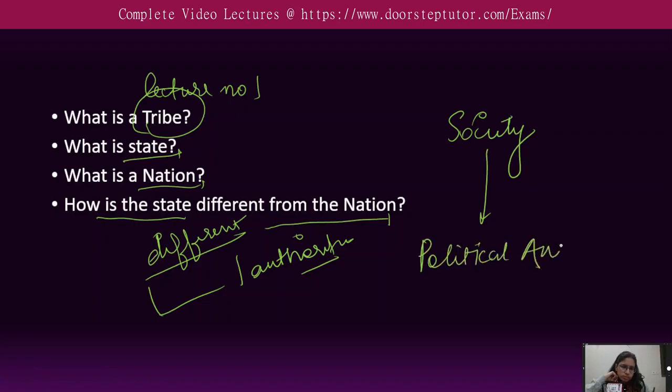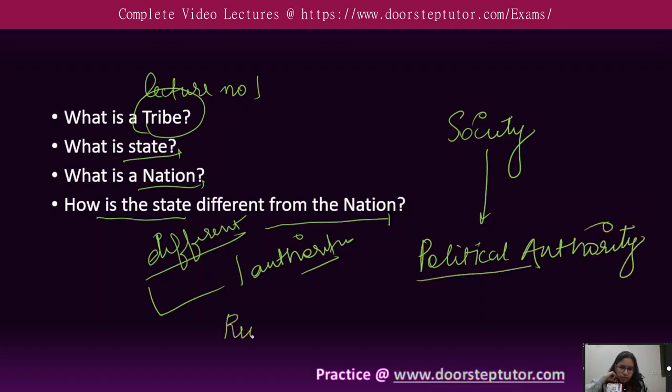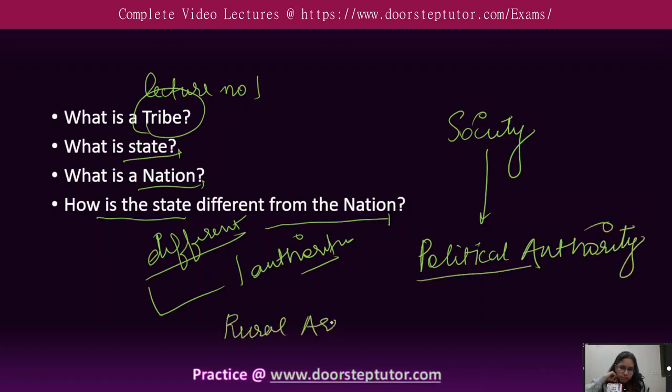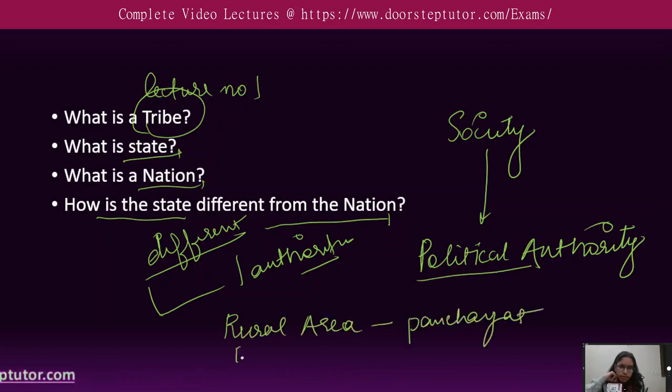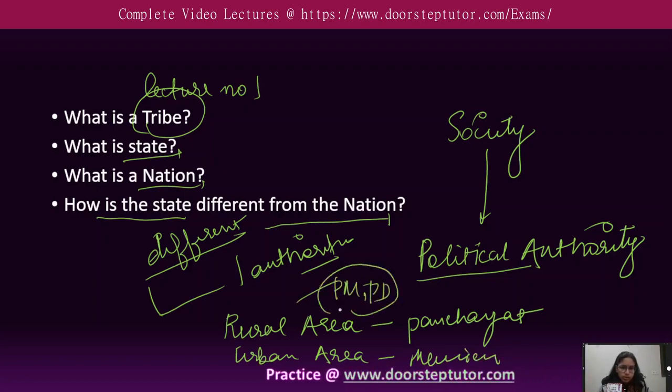Nowadays, there is no country or no society which doesn't have a political authority. Even a village, a rural area has a panchayat, an urban area has a municipality, and a whole nation is driven by president, prime minister, home minister.